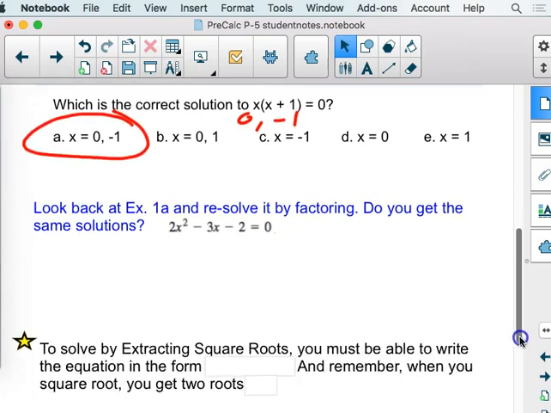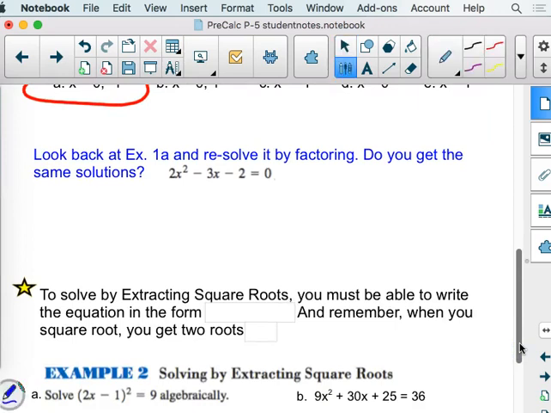Now, the quadratic they had us put in our calculator worked out very nicely. So that means it's factorable. So that's the way we want to solve it algebraically. So it says resolve it by factoring. Okay, start thinking. There is no greatest common monomial factor here.